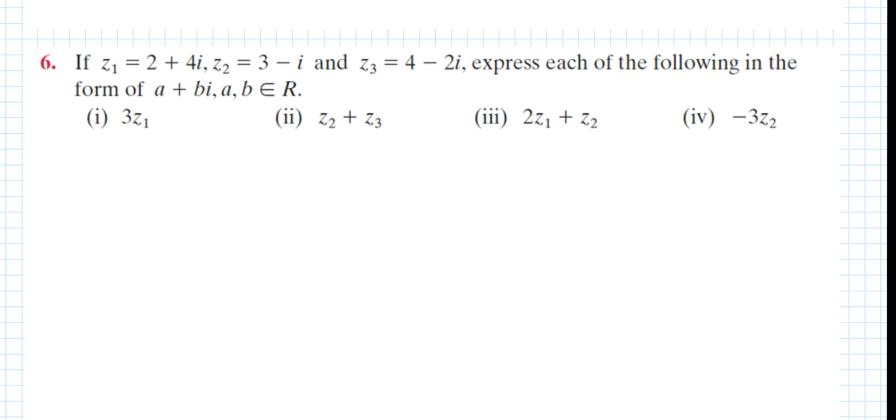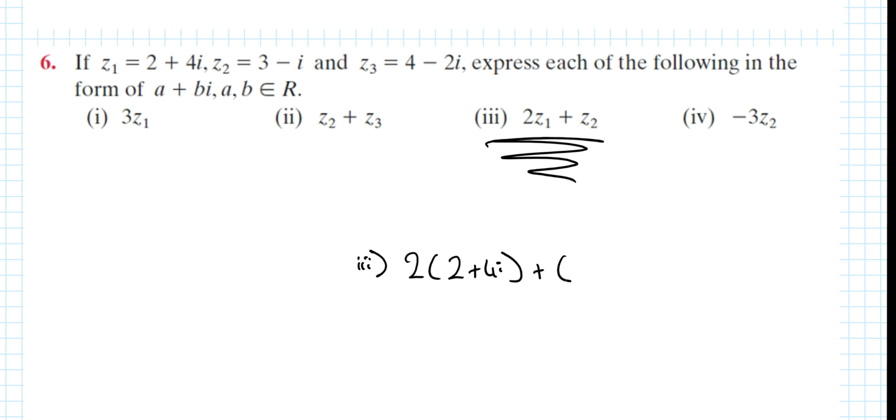And finally for the video, let's look at this one. Last question for the video. It's 2 times z1. Now they tell us what z1 is. z1 is 2 plus 4i, so it's 2 by 2 plus 4i plus z2. z2 is 3 minus i. 2 by 2 is 4. 2 by 4 is 8i plus 3 minus i.